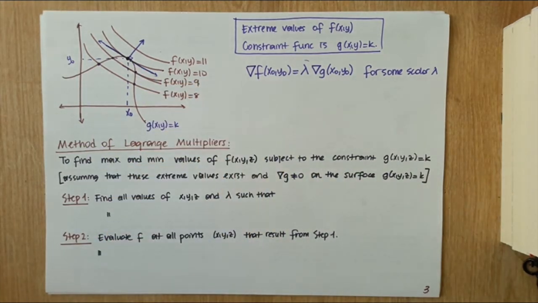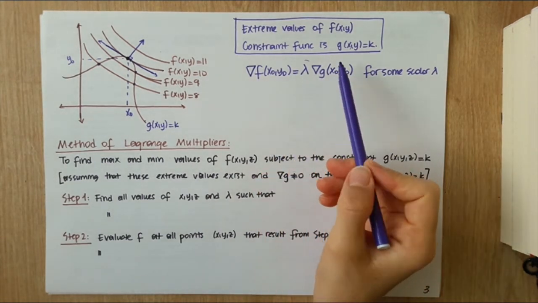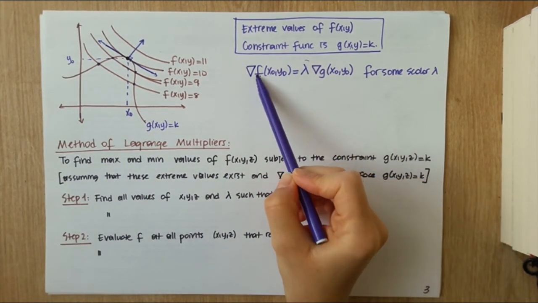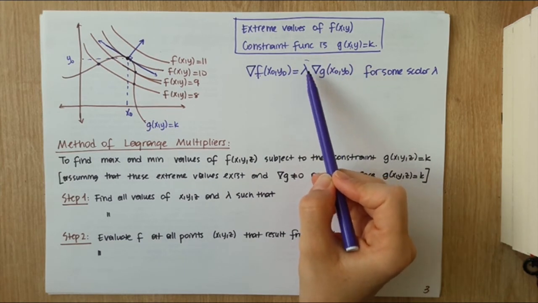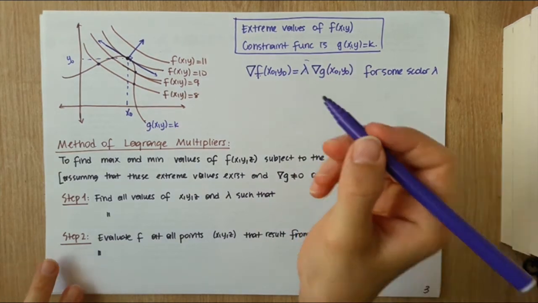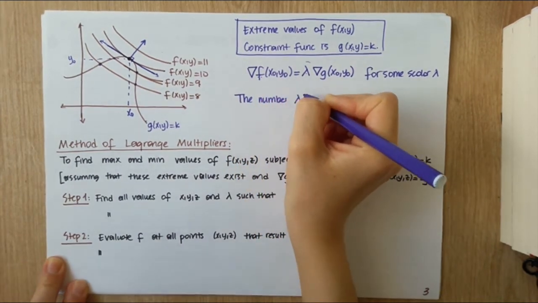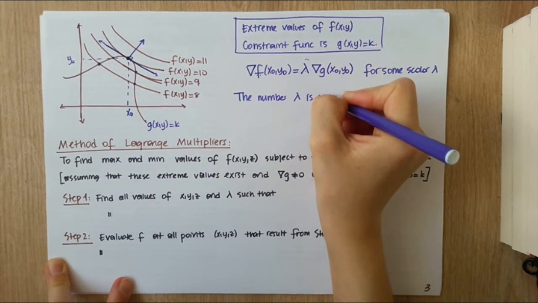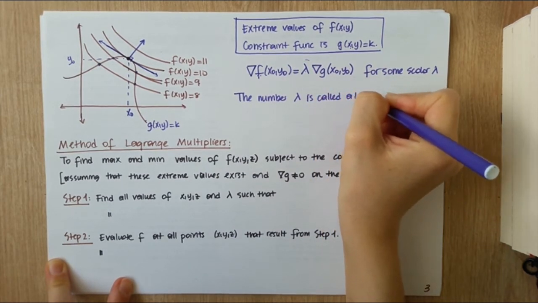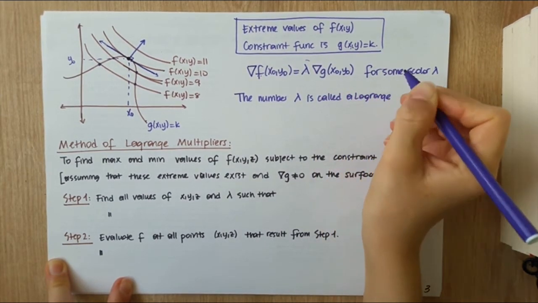Okay, normal lines are parallel to each other, which means the gradient vectors, which are the direction vectors of those normal lines, are parallel to each other, and because they are parallel, one of them should be a constant multiple of the other. And the number lambda is called a Lagrange multiplier.